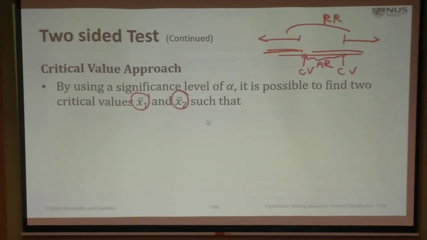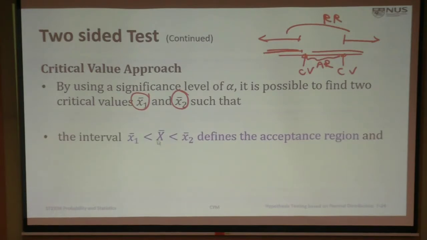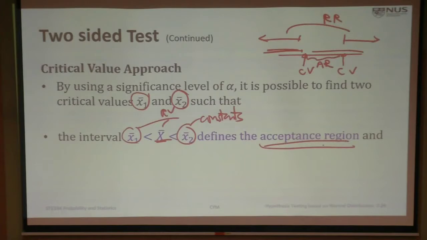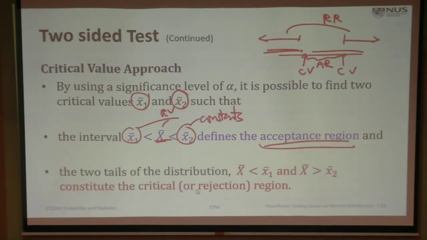We want to find these two values such that the chance that x bar falls within little x1 bar and little x2 bar is as required. These are constants. You have to remember that. And this x bar is the random variable. So we want to look at these two constants such that the random variable x bar falls within this interval between little x1 bar and little x2 bar, which is considered the acceptance region.